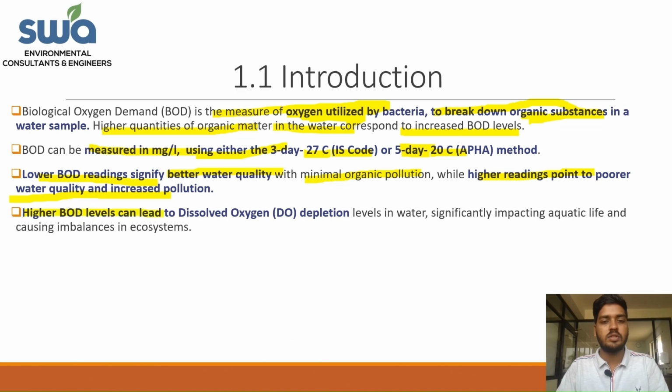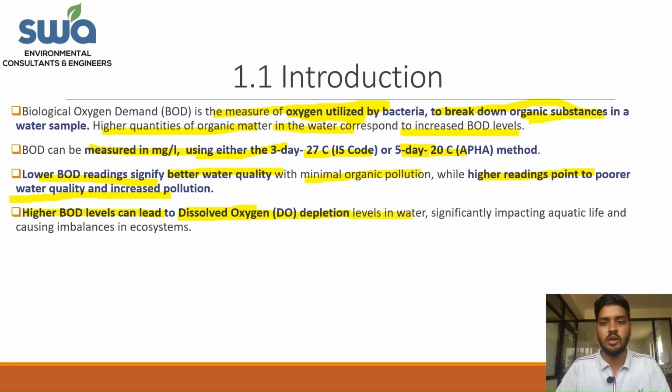Higher BOD levels can lead to dissolved oxygen depletion. We will call dissolved oxygen DO throughout this video. When a significantly higher amount of organic matter is present in the water sample, the bacteria will consume more oxygen. That is why in any water body the dissolved oxygen will deplete rapidly.